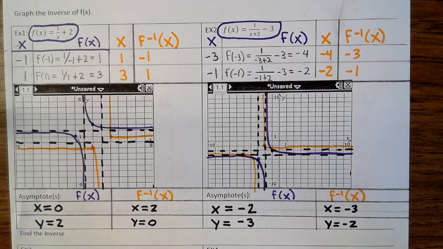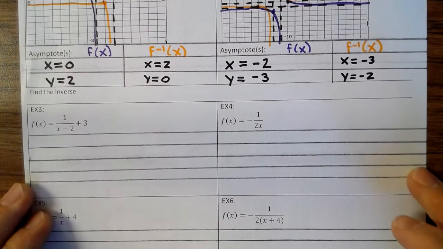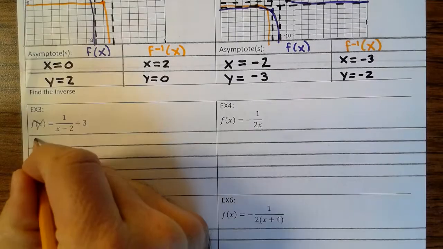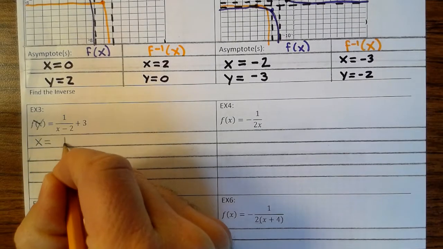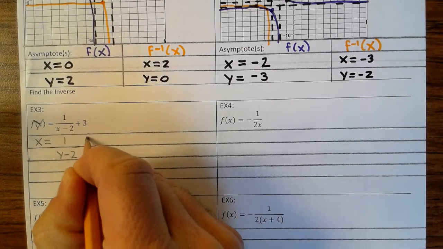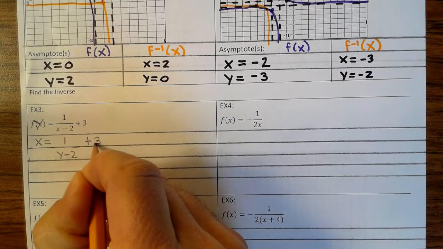All right, let's take a look at example 3. Okay, find the inverse. So to find the inverse, first of all, let's write f of x as y, and then switch x and y. So x equals 1 divided by y minus 2, plus 3.